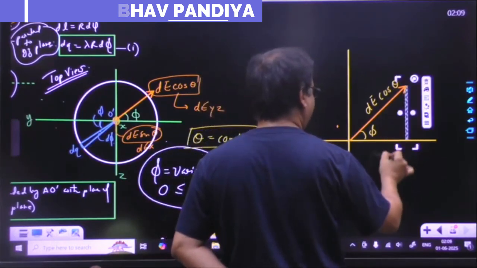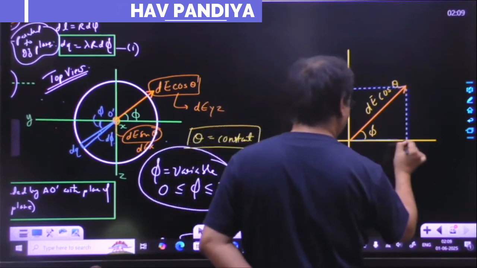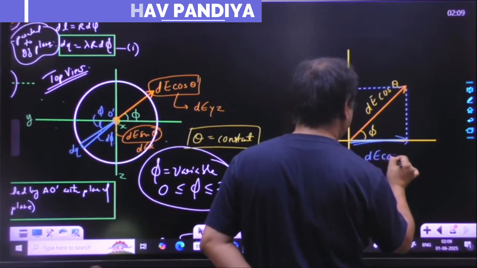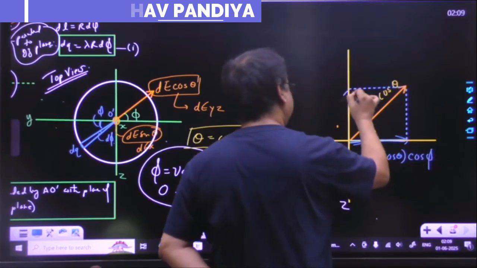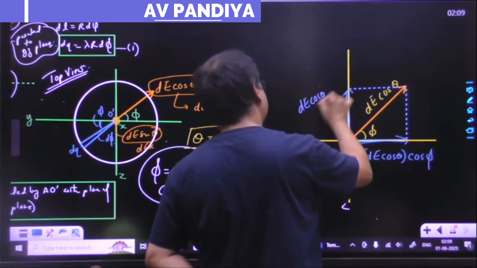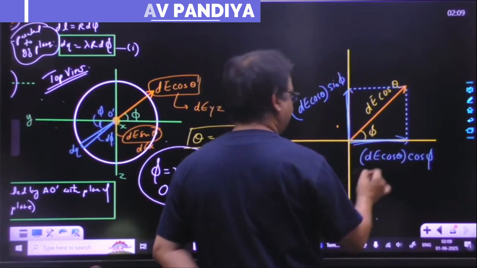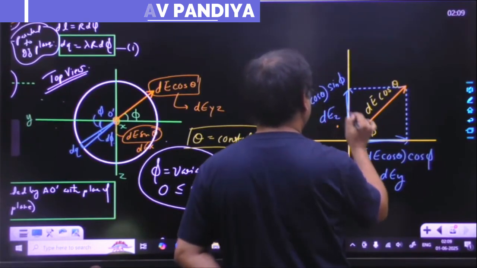So I have to take the component of dE cos theta on both the axes. This component will come to be dE cos theta, the length of the vector, multiplied by cos phi, and this component will be dE cos theta multiplied by sin phi, and this is your dEy, and this is your dEz.